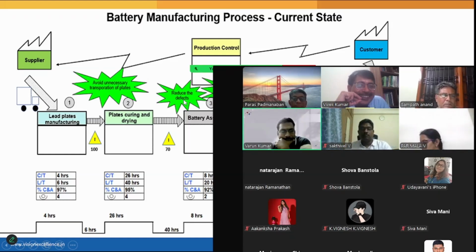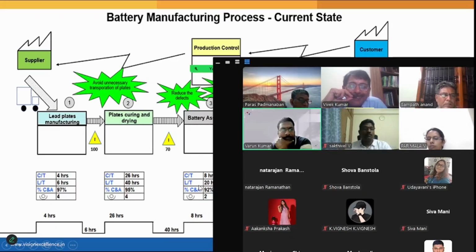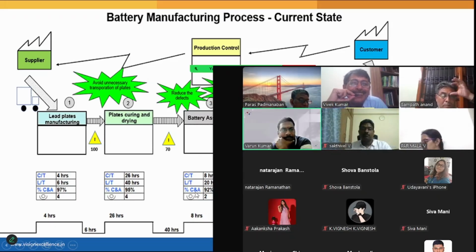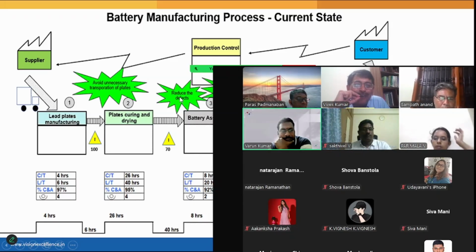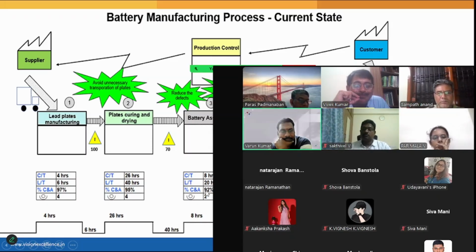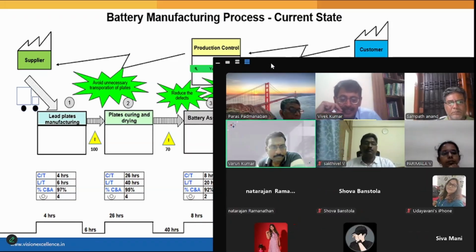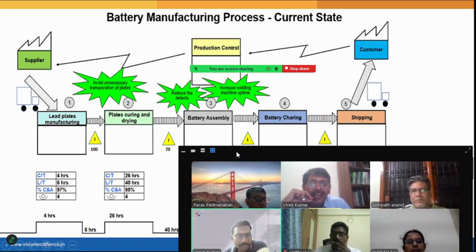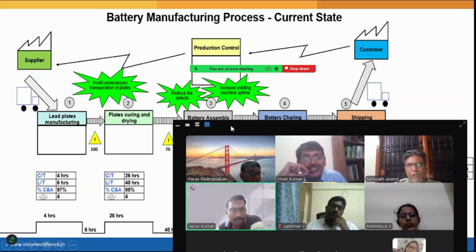So from that, I guess, because C&A is a very unheard-of abbreviation, at least I have never heard it, I made a guess that since they are talking of the improvement opportunity of reducing the defects, they must be talking of this. So looking at this, we have now identified the various improvement opportunities.